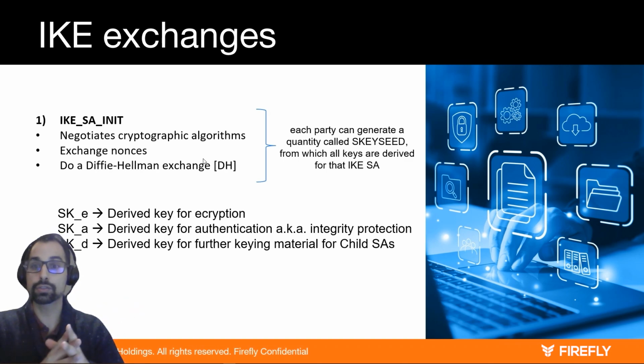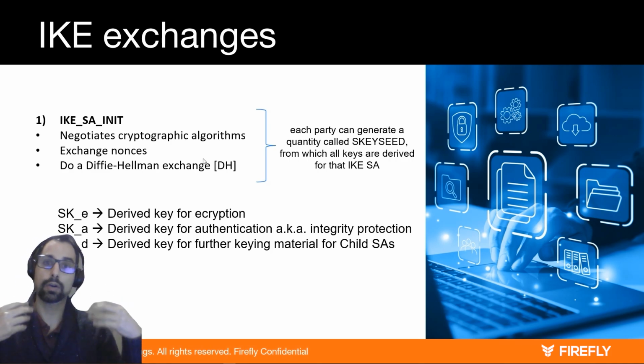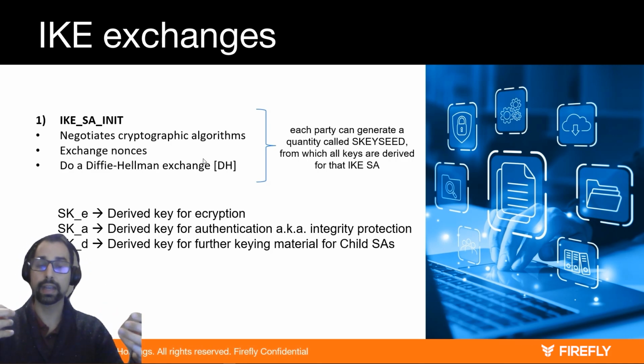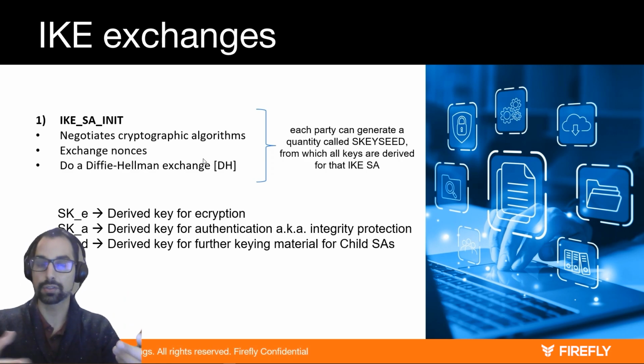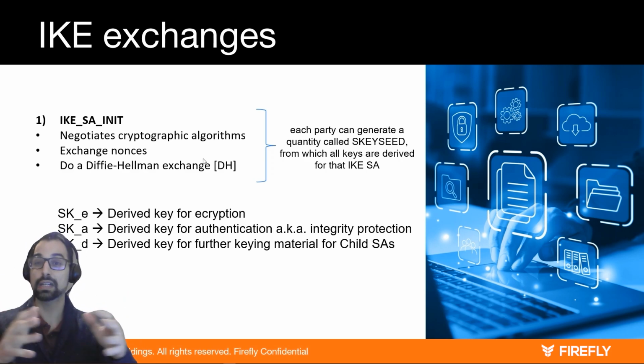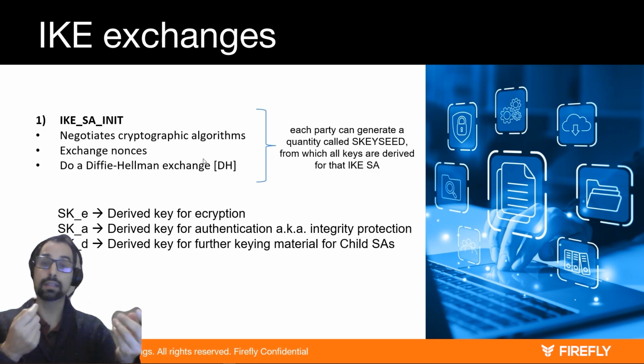And then we also exchange the Diffie-Hellman group numbers that are going to help us create a secure key based on insecure information. At this point, we still didn't encrypt anything.